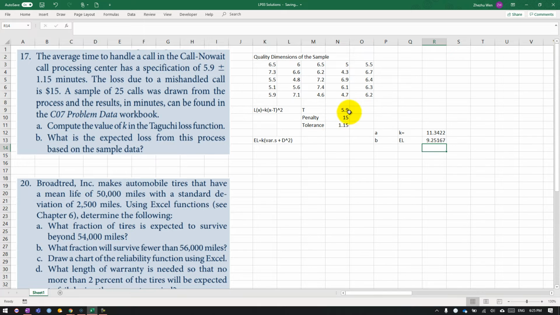I think it will give us the expected loss for this particular system.